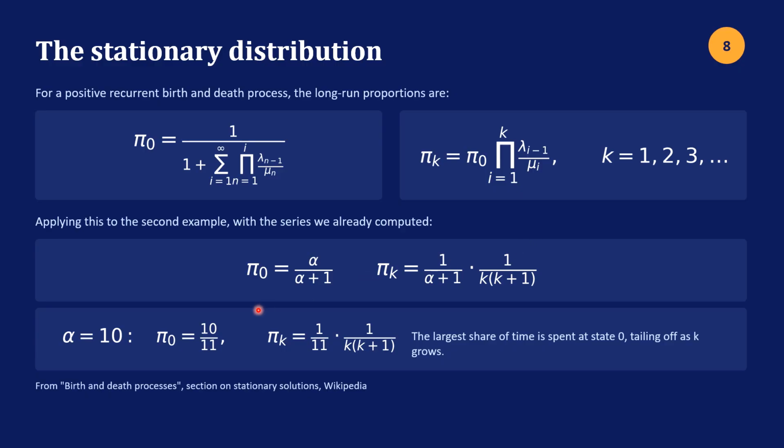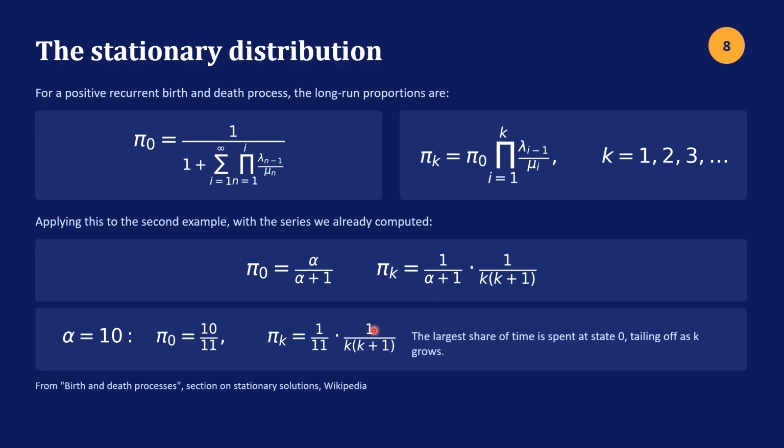And you can try it for an example. Say if alpha is 10, then this is 10 over 11. So the majority of the time you would expect the process to be in state 0. And if you put in alpha here, you get 1 over 11 times this. You could try a value of k.